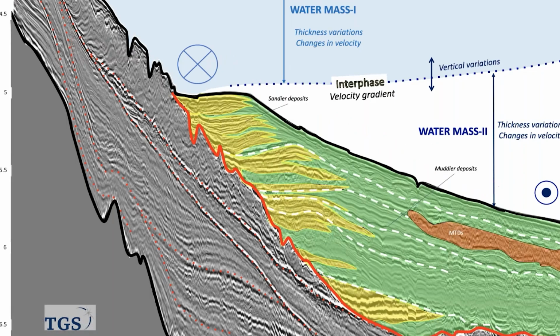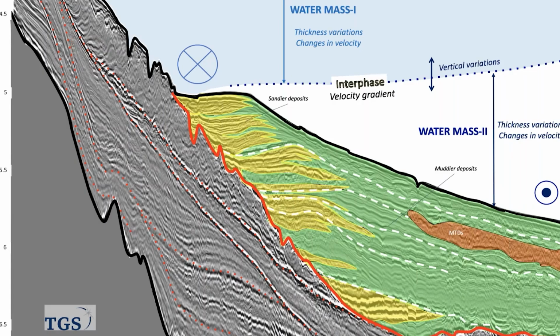For example, in this example, I included in yellow the potential location of sandier deposits, and then in green, more fine-grained sediments. So all these quartz sediments are here because of gravity, but then laterally affected by the water masses and also by secondary processes.